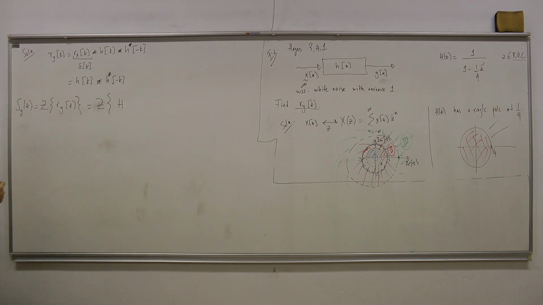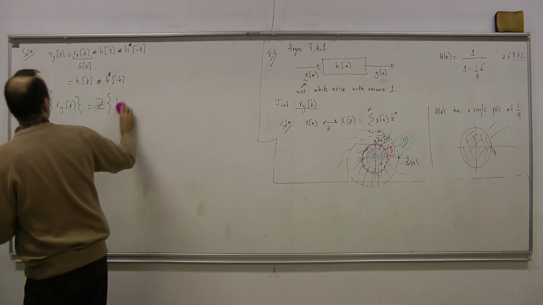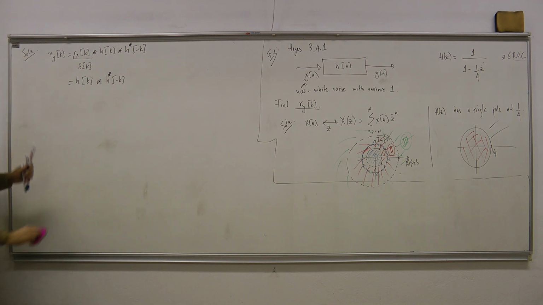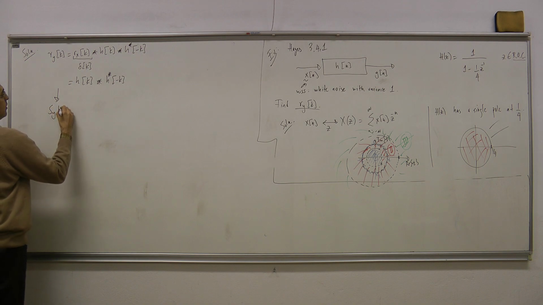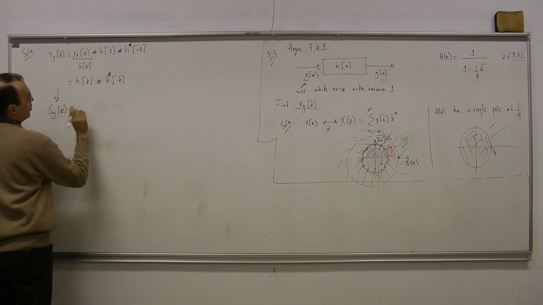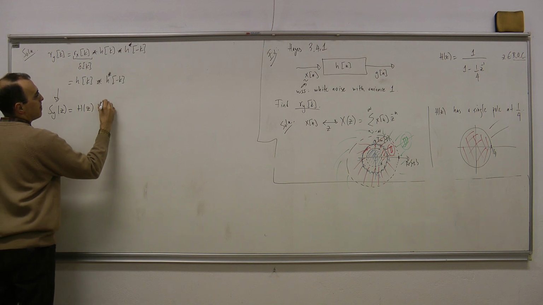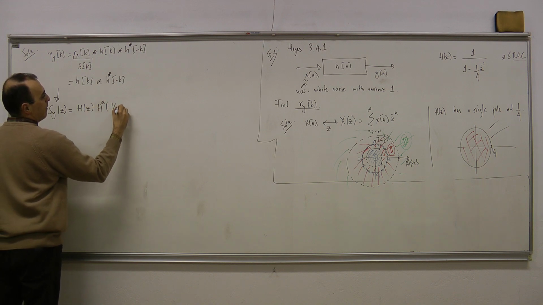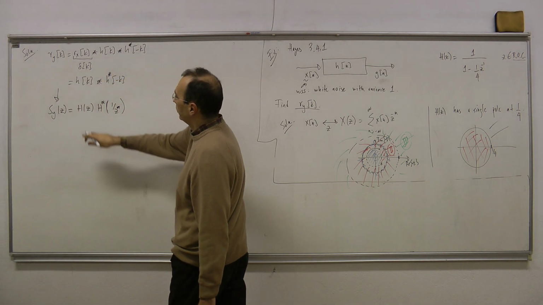Sy of Z, the power spectral density in Z domain, is H of Z times H conjugate of 1 over Z conjugate, from our earlier knowledge.